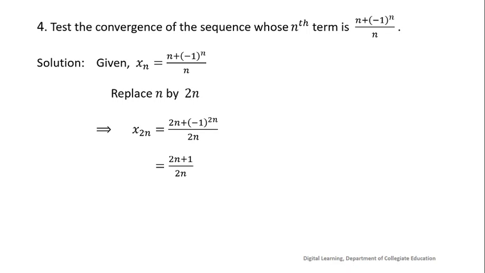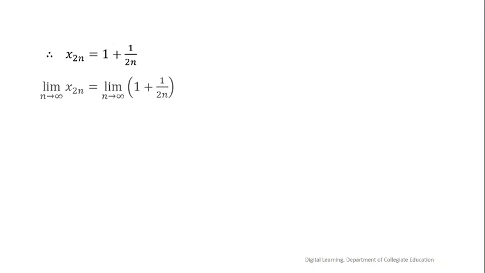Here (minus 1) power 2n value is 1. Therefore x 2n value equals (2n plus 1) by 2n. Here we are splitting the terms, 2n by 2n plus 1 by 2n. We will get x 2n value is 1 plus 1 by 2n.